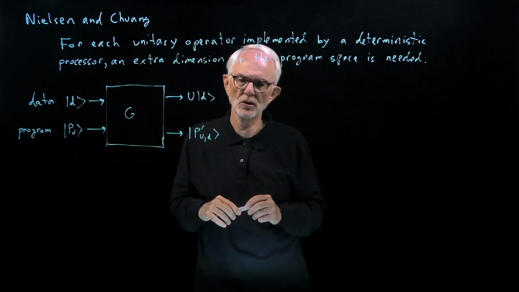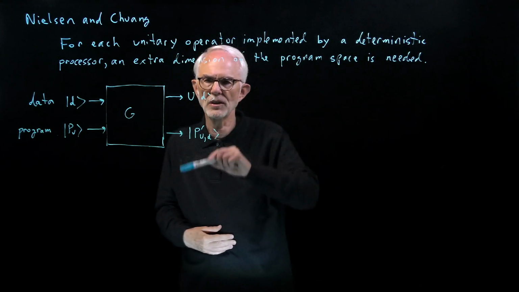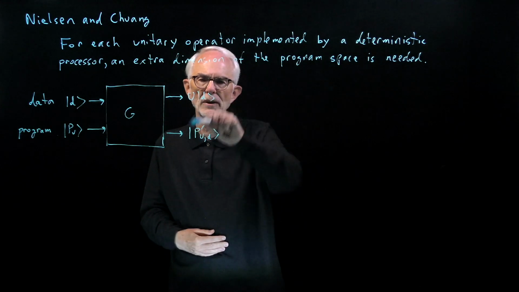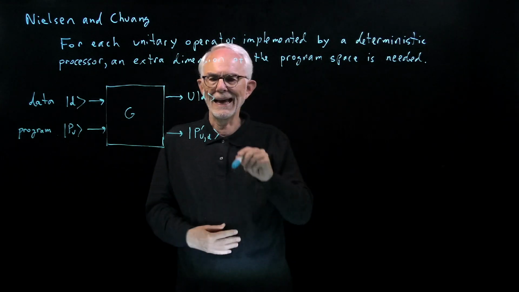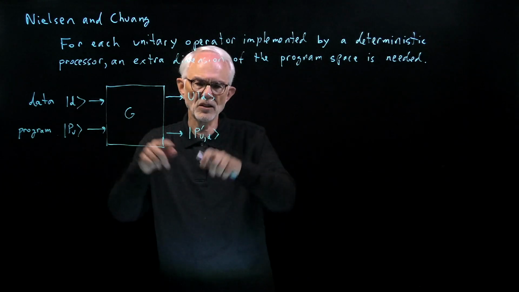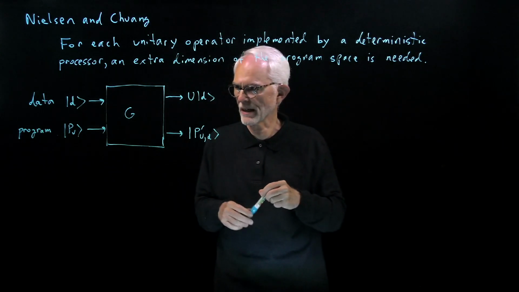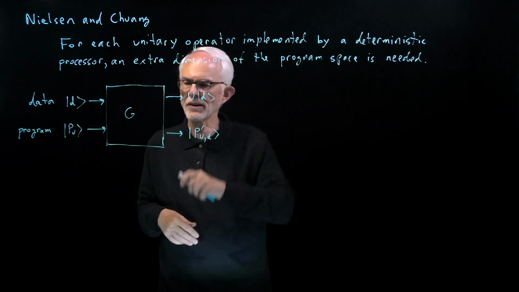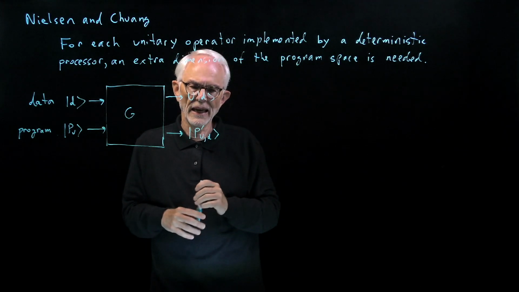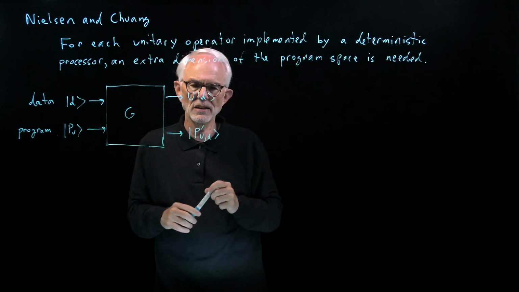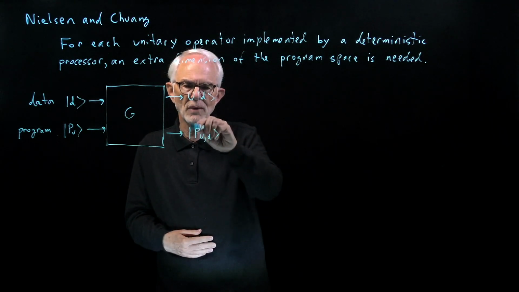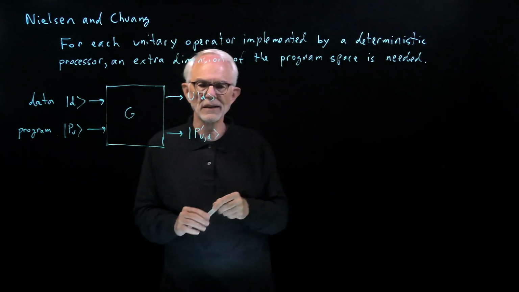So the output should look like this: I should have the unitary operator acting on the data state, and the program state can get modified when it comes out. I'm going to call that P prime U D, and the reason the D is there is that in principle, how it gets modified could depend on the data state.